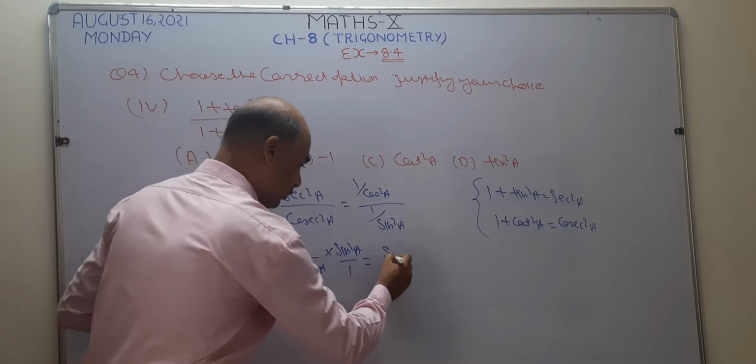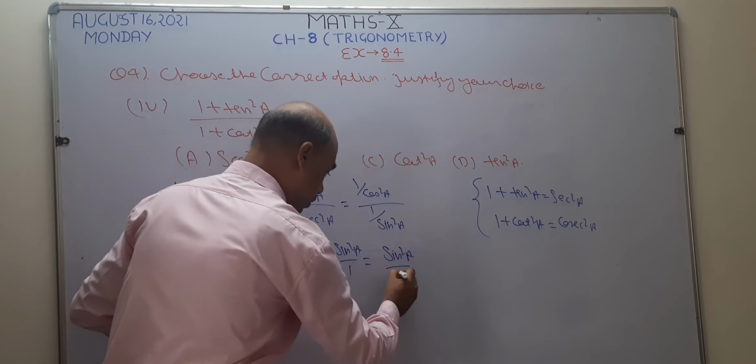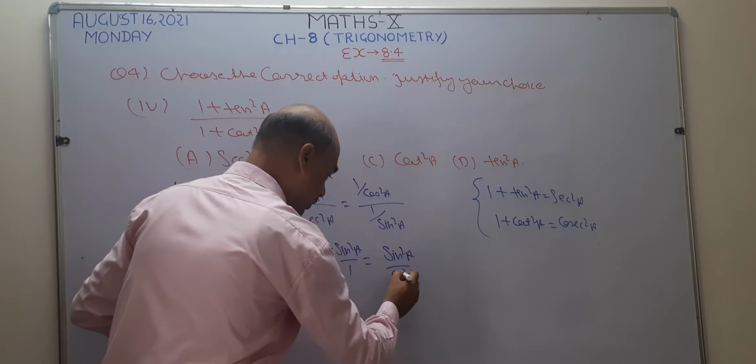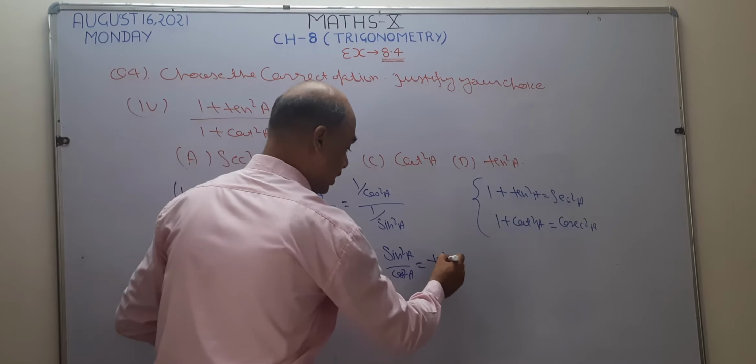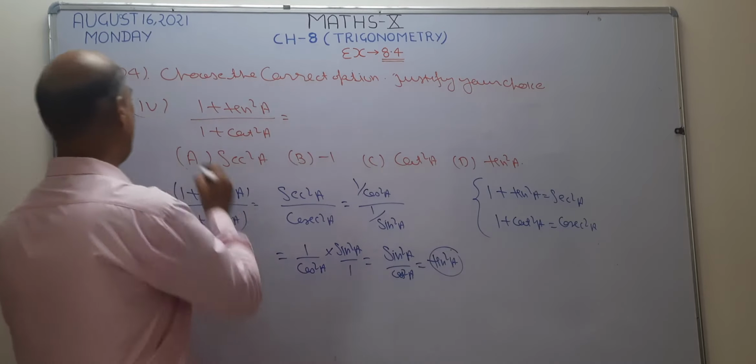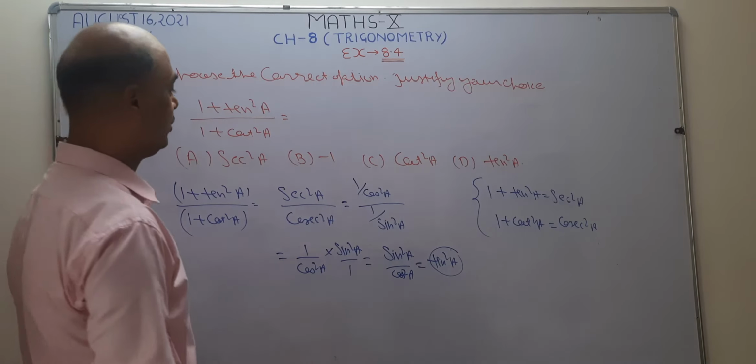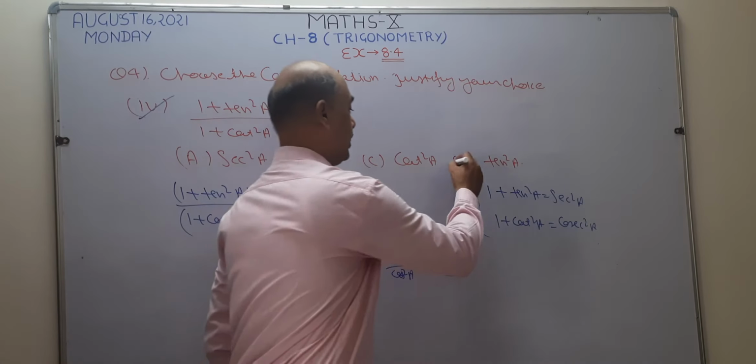Now this becomes sine square A by cos square A. You know sine by cos is tan, so with the square it becomes tan square A. So the answer of this fourth part is tan square A. Now check which option is correct. So D option is correct.